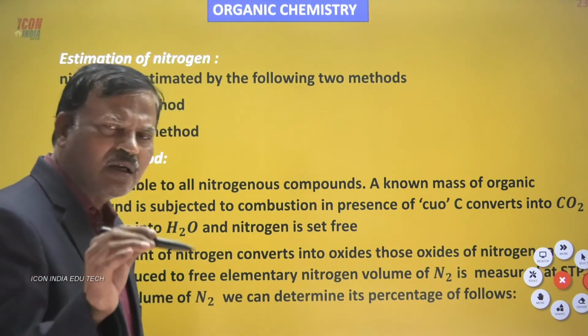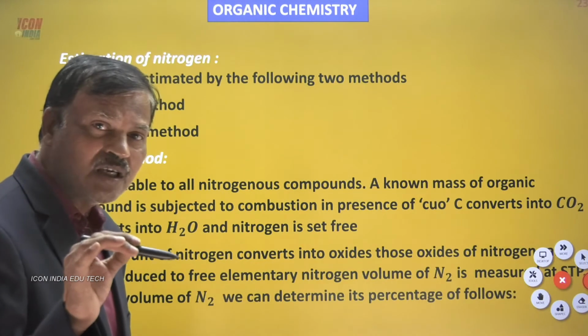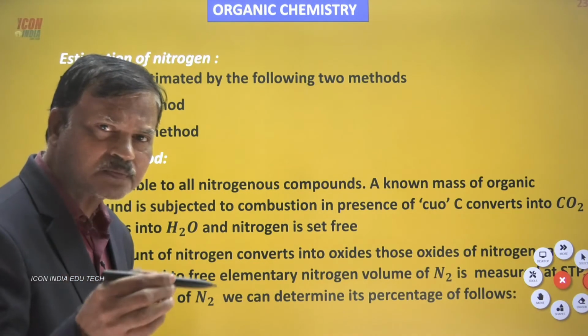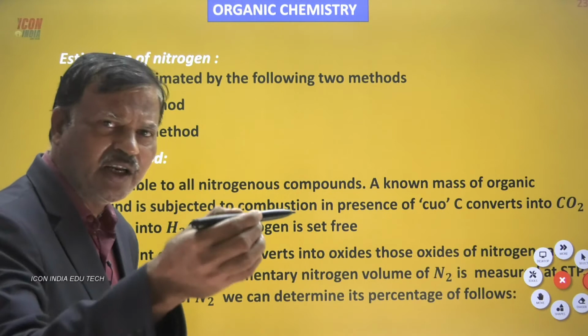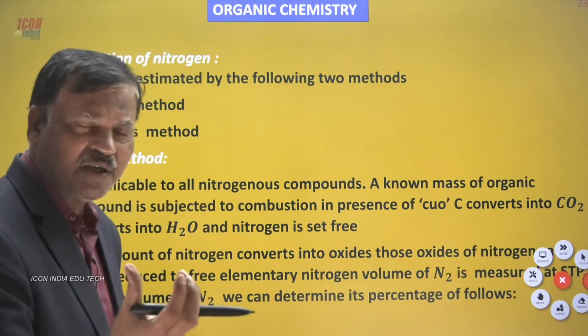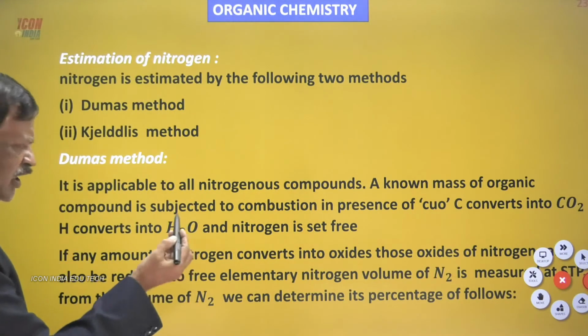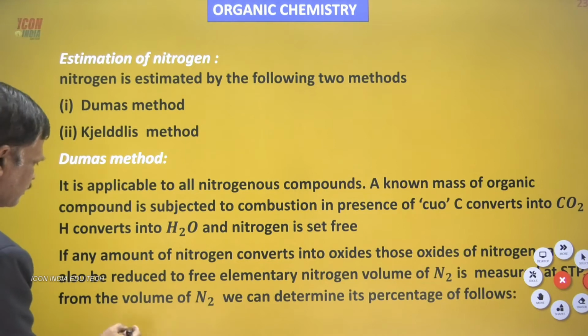Anyway, the nitrogen present in the organic compound is finally converted to free elementary nitrogen. The volume of such nitrogen is measured. Assume the volume is V mL, and the mass of organic compound is W grams.